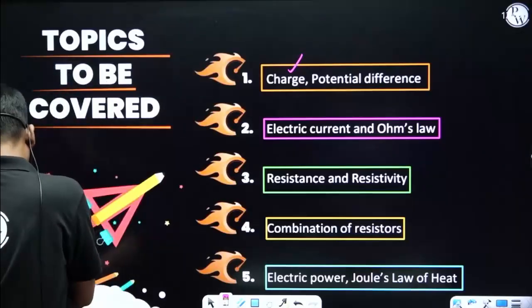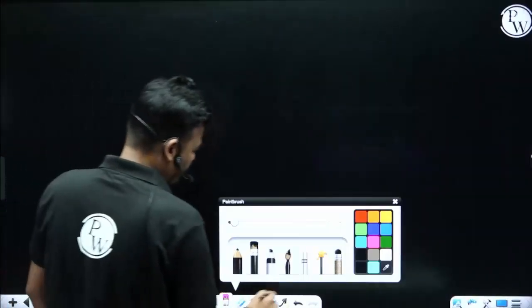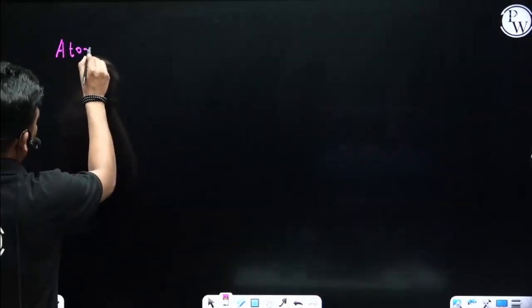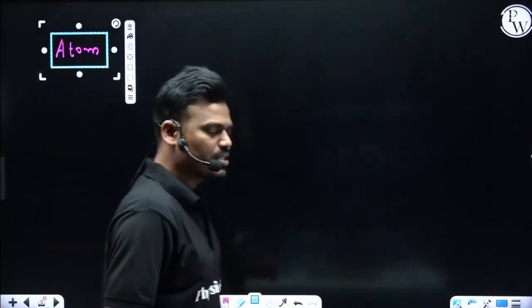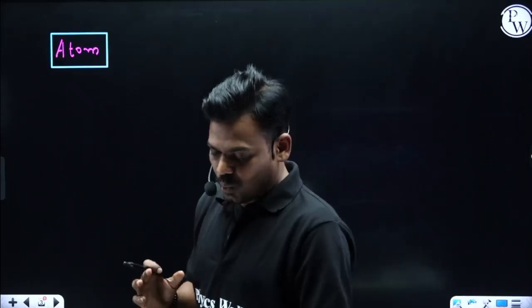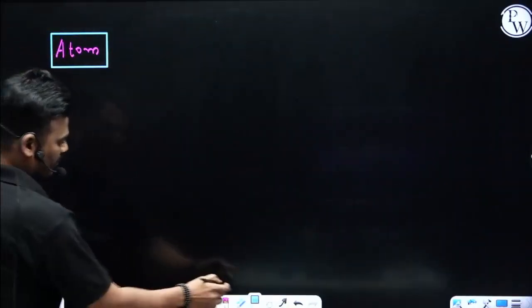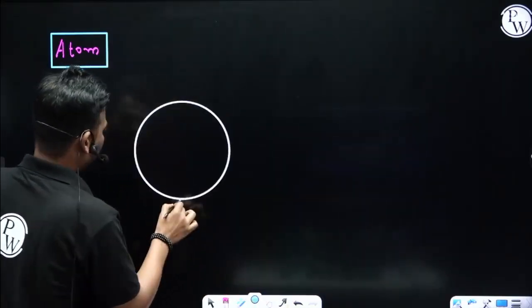When we talk about an atom, what is this atom? It is the smallest unit of matter.